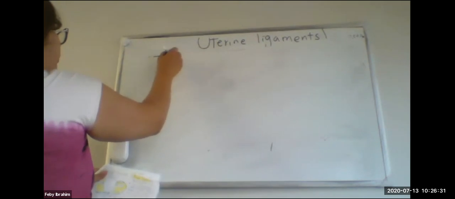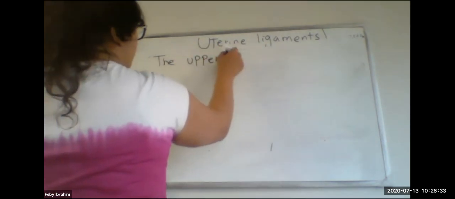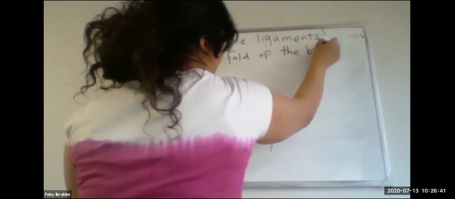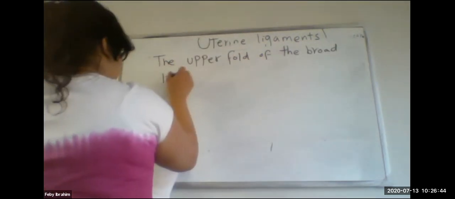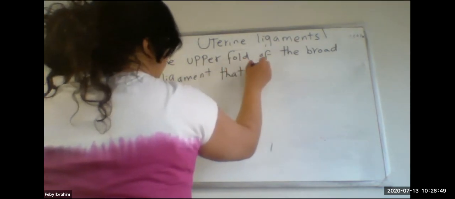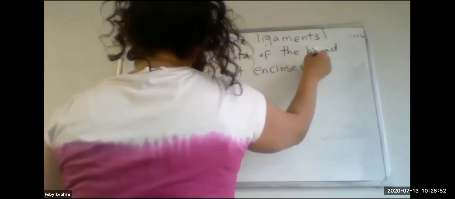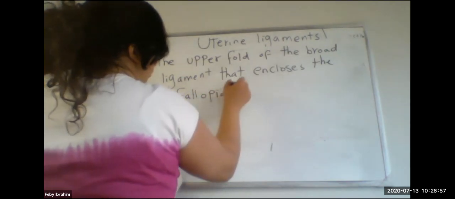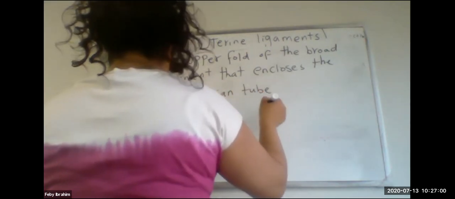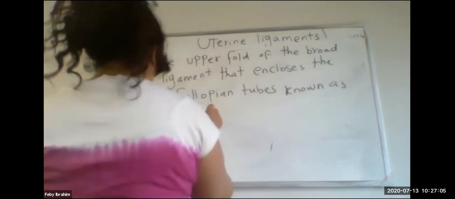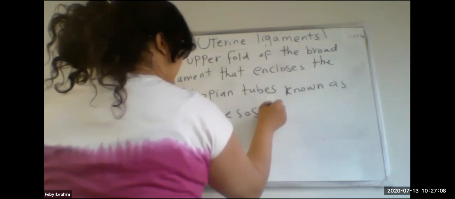So the upper fold of the broad ligament that includes the fallopian tubes is known as mesosalpinx.